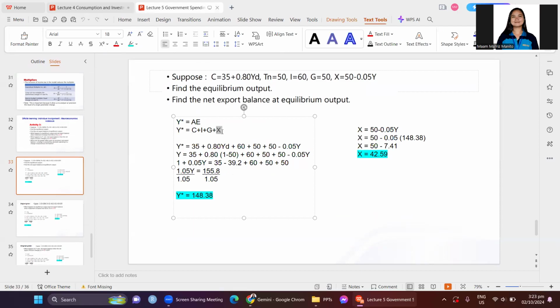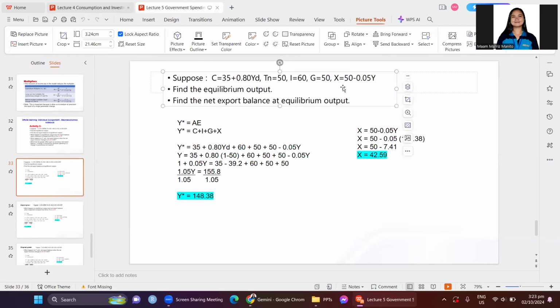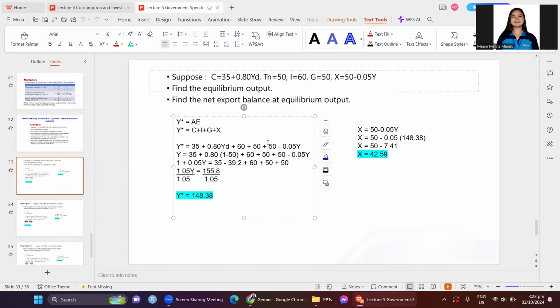So that's X here. And the net export is equivalent to 50 minus 0.05Y. So we'll just be adding that to the equation, si X. And then we'll do the same thing that we've done po with how we calculated the equilibrium output. Similar lang naman, dadagdag lang natin si X.